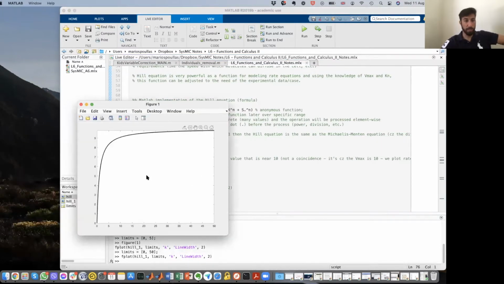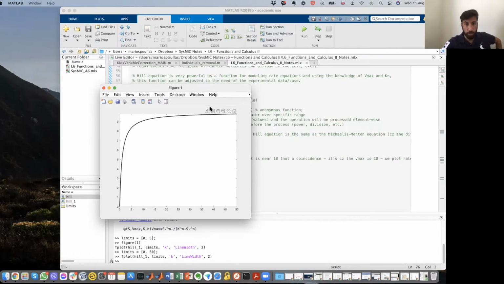As you can see here, not the rate, I mean, how fast it reaches the highest rate. It's because we've extended the limits to 50, but we can zoom in here and we'll get the same plot as before.